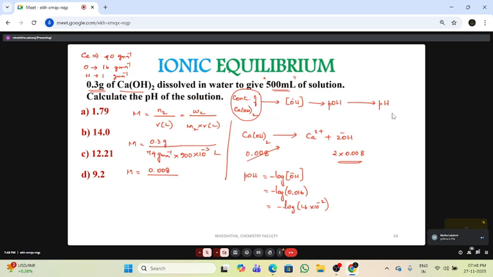So what is pOH? Lakshmi, it cannot be 0.76. There was some error, it seems.